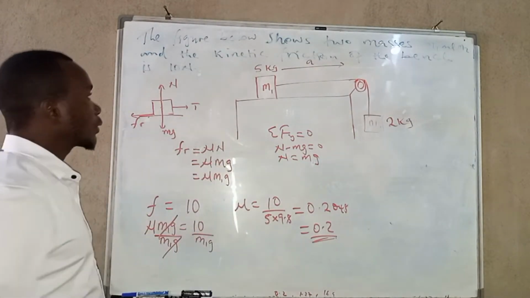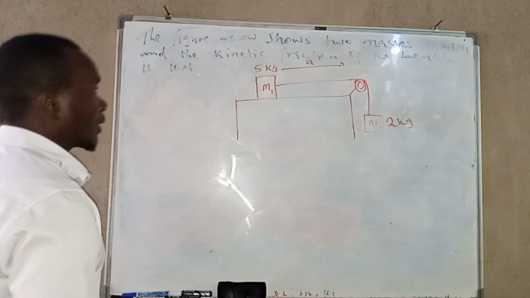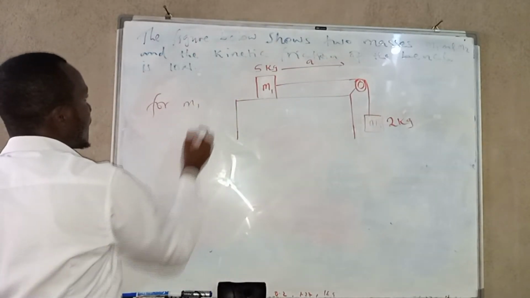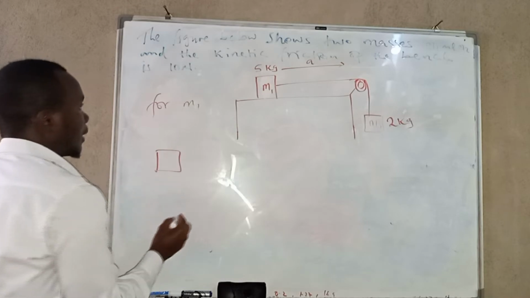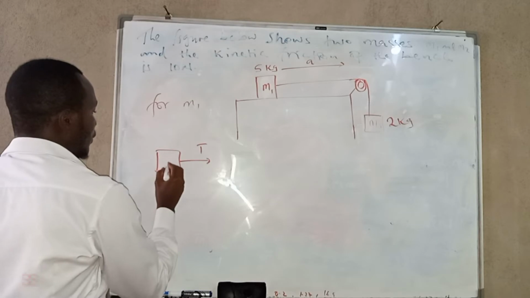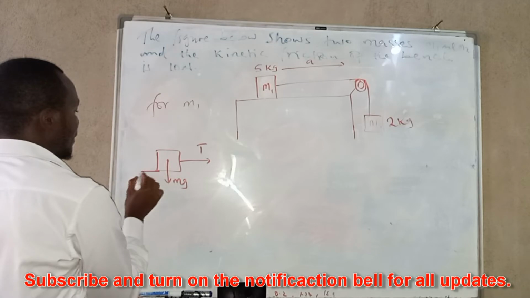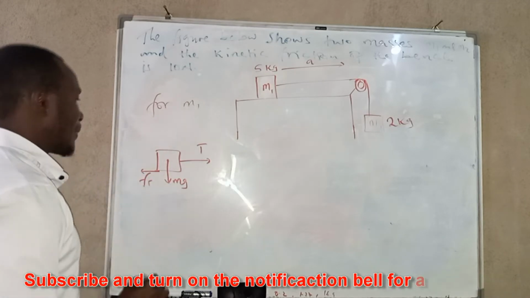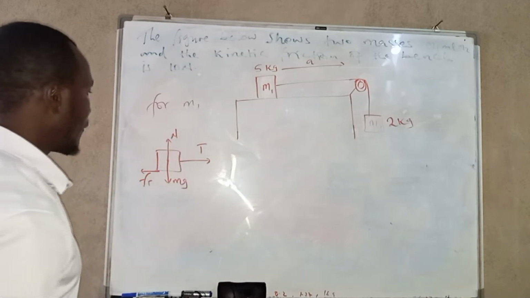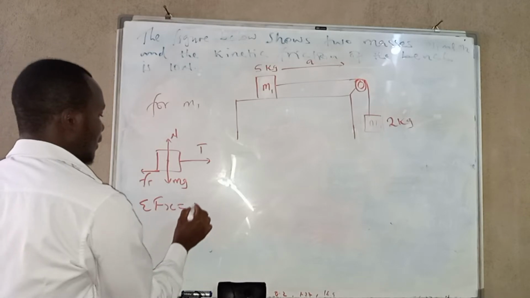The second question talks about finding the acceleration of the system. Let us resolve for each mass. For M1, we have this one as tension. Then we have this one as mg. Then this is Fr. And of course, on top here we have the normal force. So the summation of forces in X must give us ma.